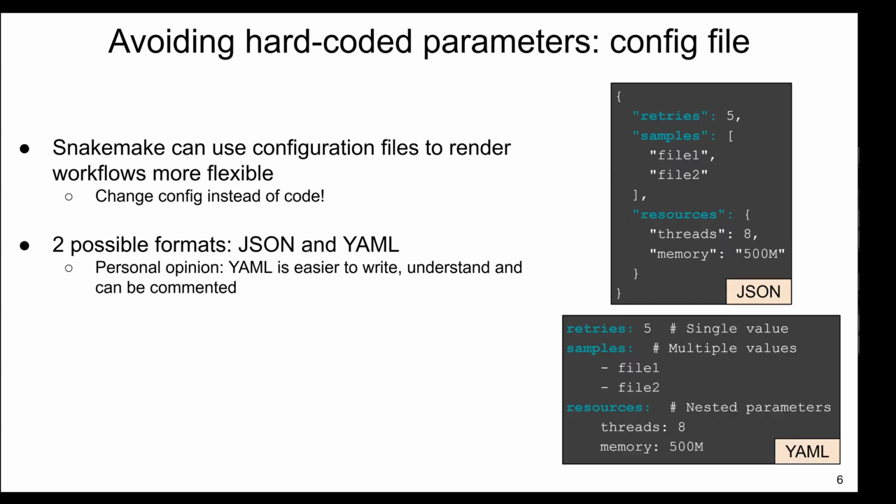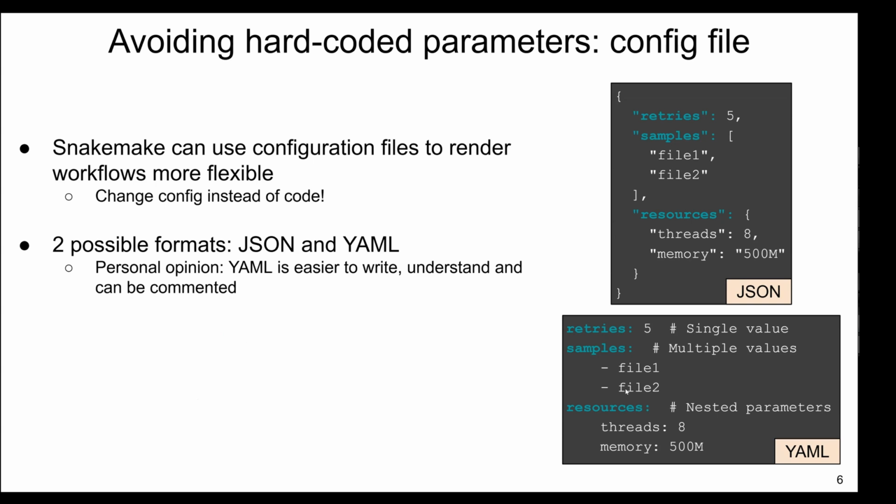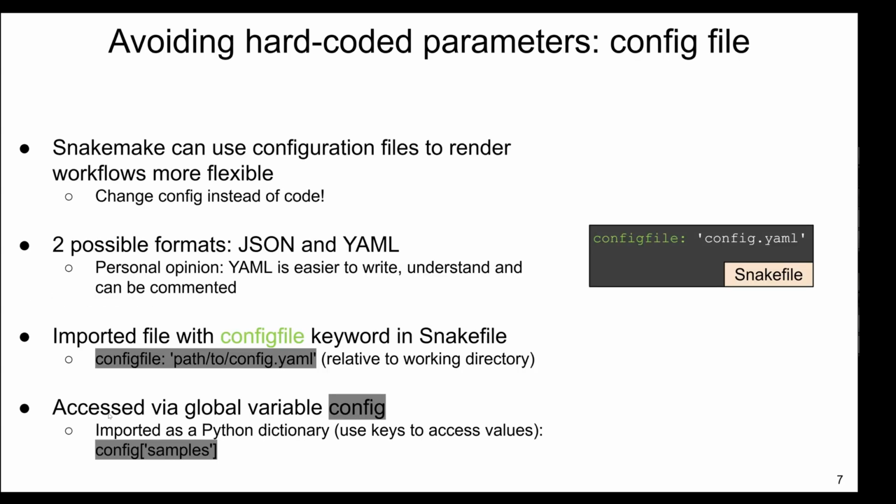So for example, if you wanted to access the samples here, like the sample names, you would use config square brackets quotes samples, and you can do that with every field here. You can also have sub-dictionaries, sub-parameters here, in which case you just add some more brackets with keys inside to access them.